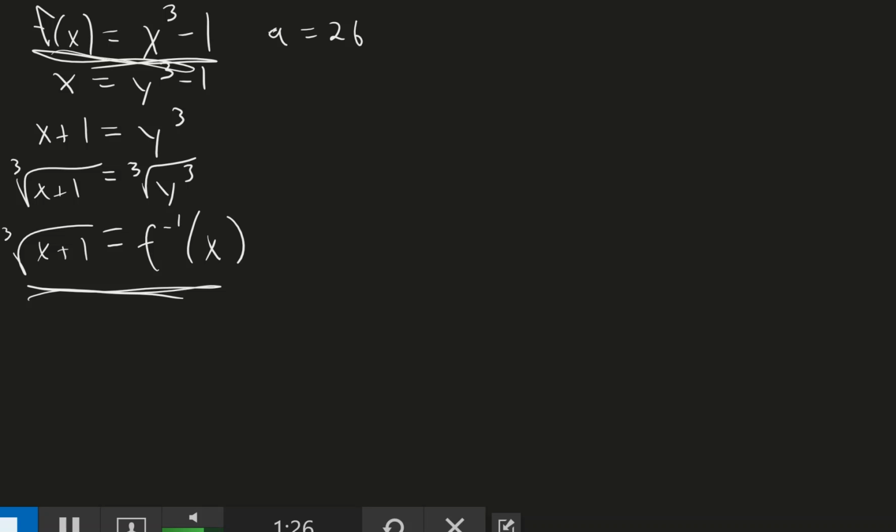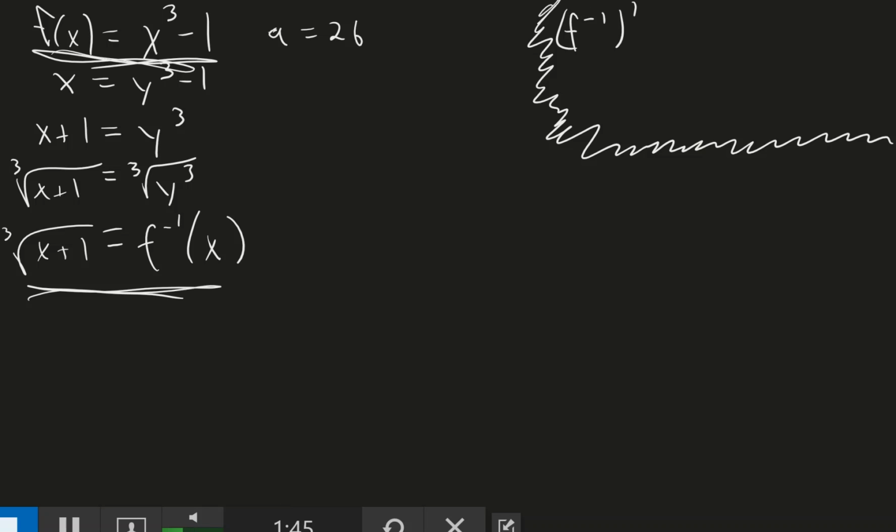So to find the derivative of an inverse function, the most convenient way is to really just memorize the format of how it works. So the derivative of an inverse function is going to be equal to 1 over the derivative of the function times the inverse of the function.